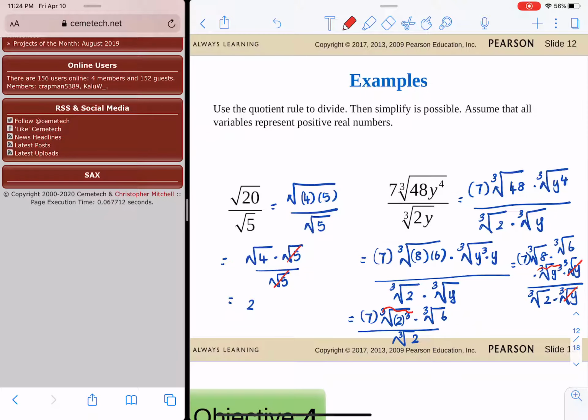Those two go away, so we have 7 times 2 times the cube root of 6 divided by the cube root of 2.